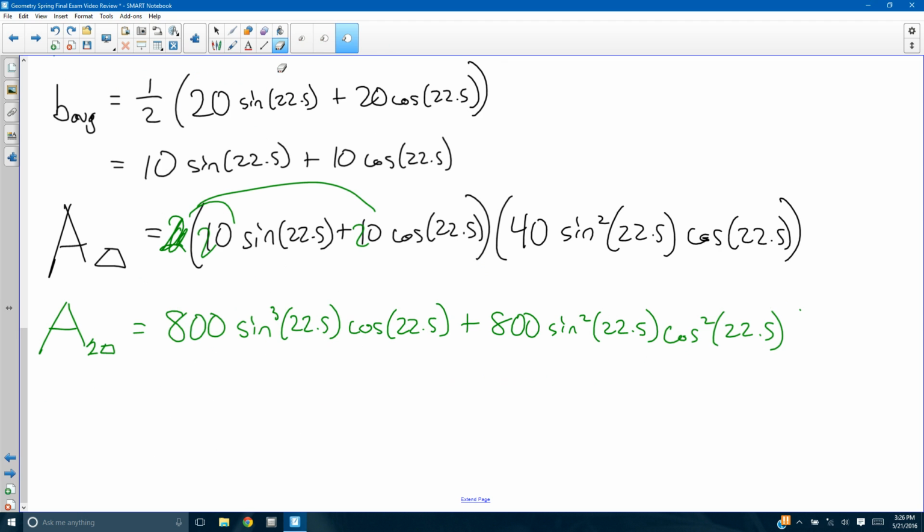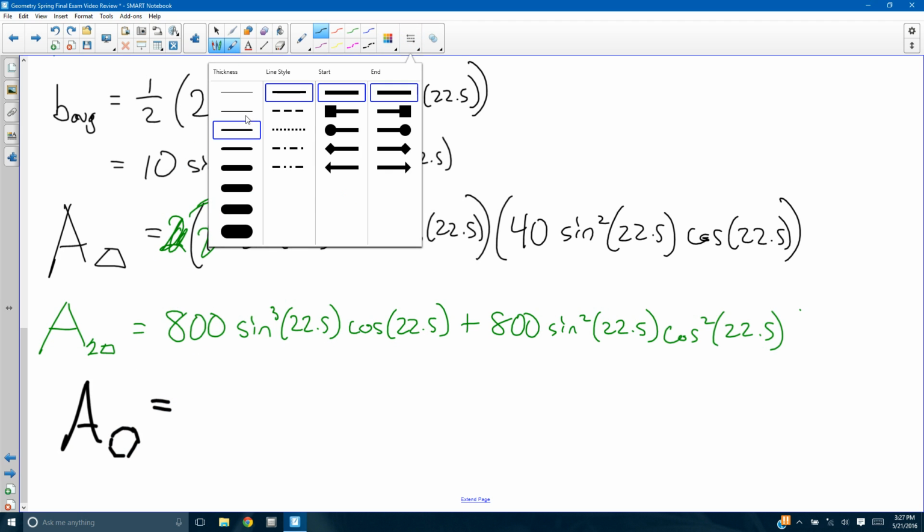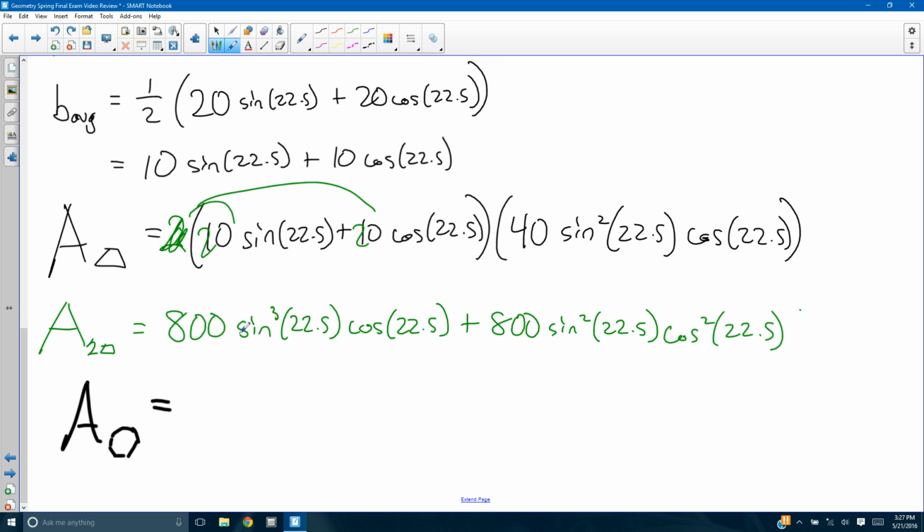Okay, now I'm going to add this for the area of my entire octagon. That's not an octagon, I know. But it's equal to this number plus, let's go ahead and factor out that 800. 800 sine squared 22.5 times cosine of 22.5.